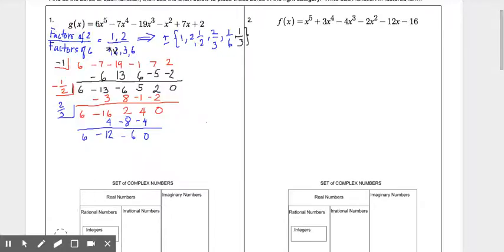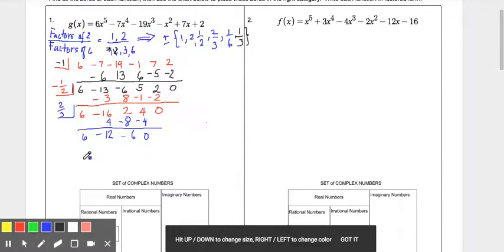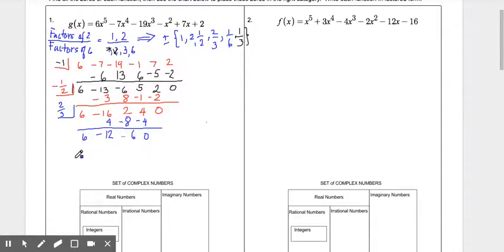So if we're looking for the last 2 zeros, it is a good idea to use the quadratic formula. So these are the coefficients of the quadratic factor of g of x. So we can actually write this as 6x squared minus 12x minus 6 equals 0. So we're going to solve this equation.